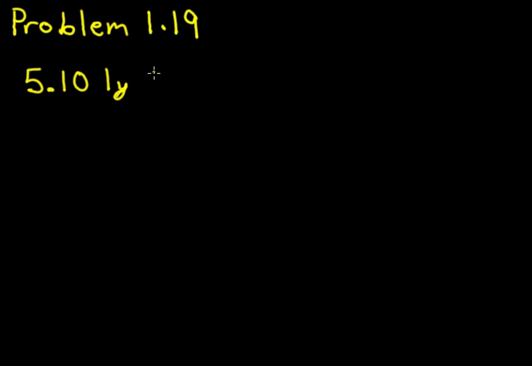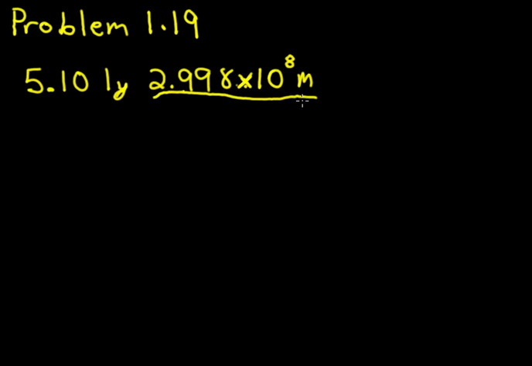So we can take 2.998 times 10 to the 8th meters per second. I want to put seconds down beneath because per means division, per second. And so I have a light year, meters per second.